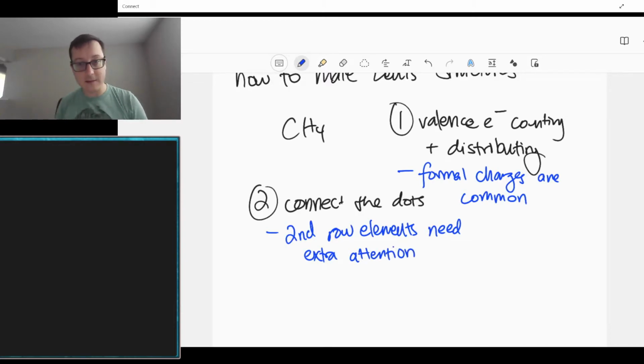So these are the drawbacks with these. With the first one, you're going to see that you'll end up with what are called formal charges more often that you'll need to resolve. And then the second method, you're going to have to just be extra careful if you have second row elements involved. There's not too many cases where you will need to, but sometimes there are.